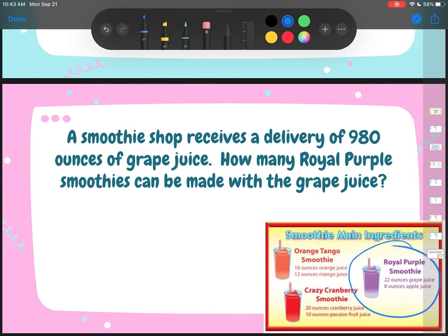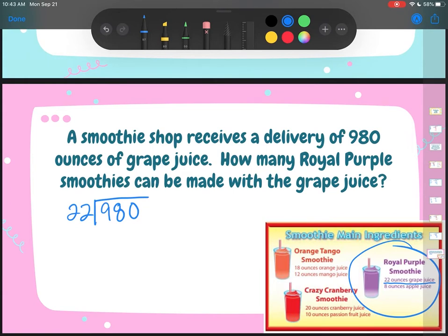It says right here, 22 ounces of grape juice are used in one of those smoothies. So I'm going to take my total amount of grape juice, which is 980, and divide that by the amount of grape juice in one smoothie, which is 22.